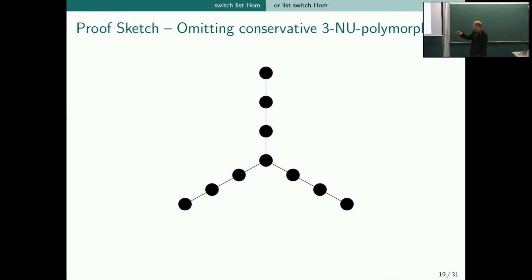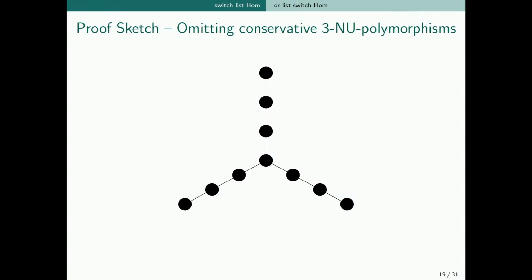some simple, nice ideas. So first I want to start with showing you how I can show a graph like this, which doesn't have a conservative 3NU polymorphism, how I can show it doesn't have one. So I assume it does. I look at where this 3-tuple will map. Because it's conservative, it has to map to one of those vertices. So I assume it maps there.